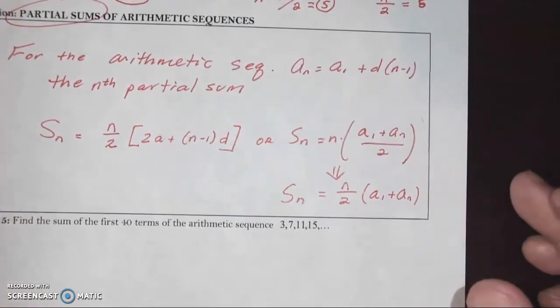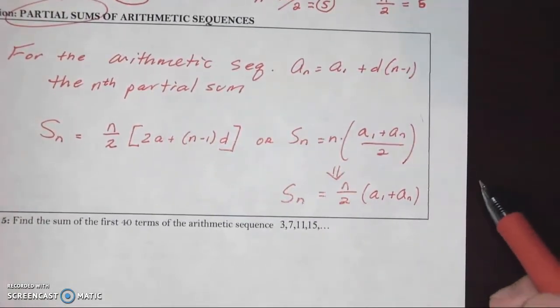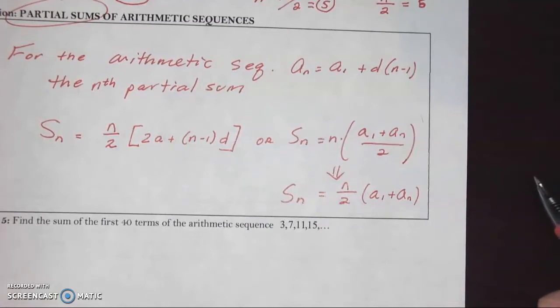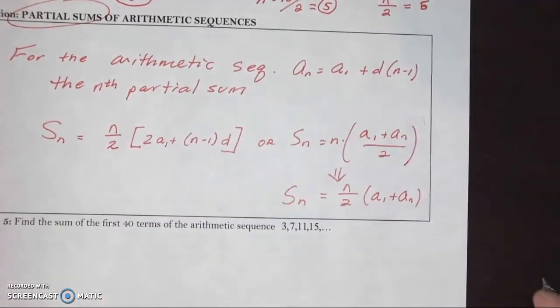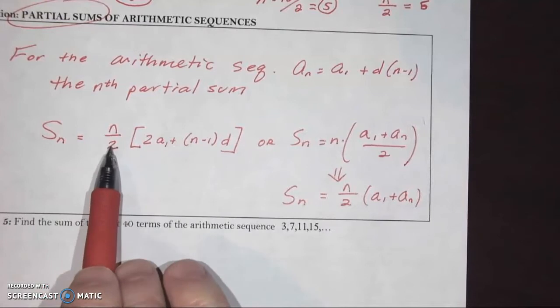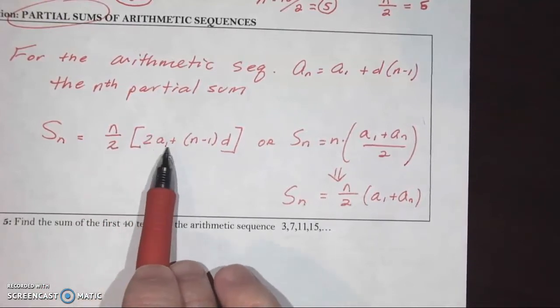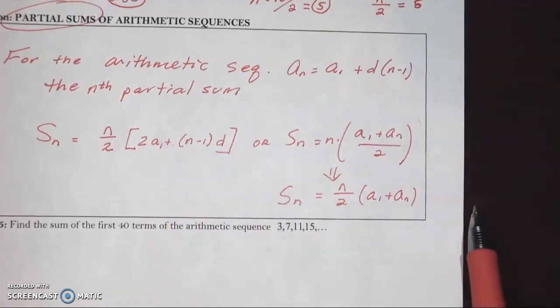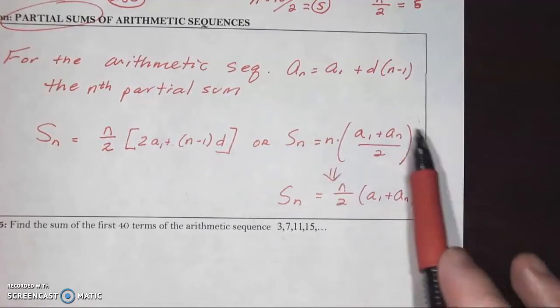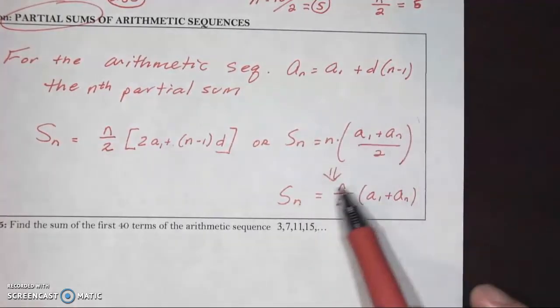So there are 2 different formulas that you can use. n over 2 times the first term plus the common difference times n minus 1, or the one that's probably more popularly used right here.